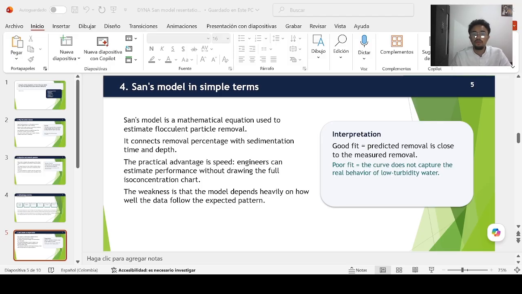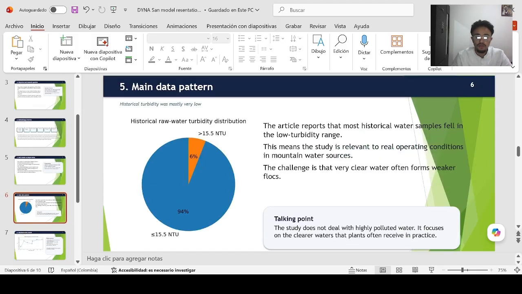So we can follow the historical data pattern, as we can see in this graphic that I will now explain. The historical data show that most of the raw water samples had low turbidity values. This is important because it means the study reflects real operating conditions in clear mountain waters, not only a laboratory case.